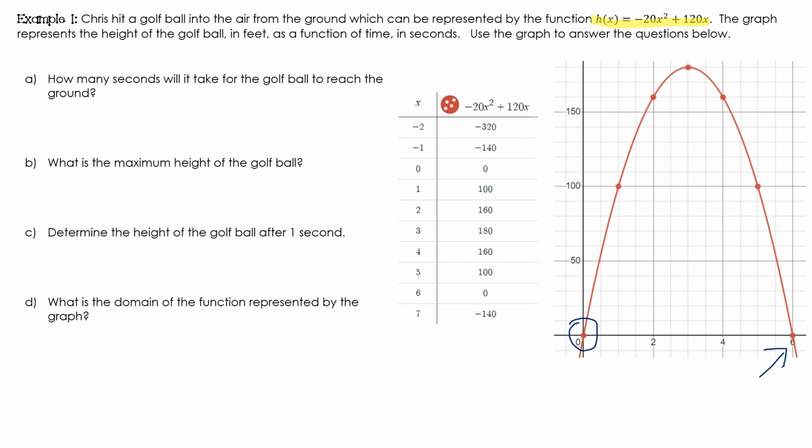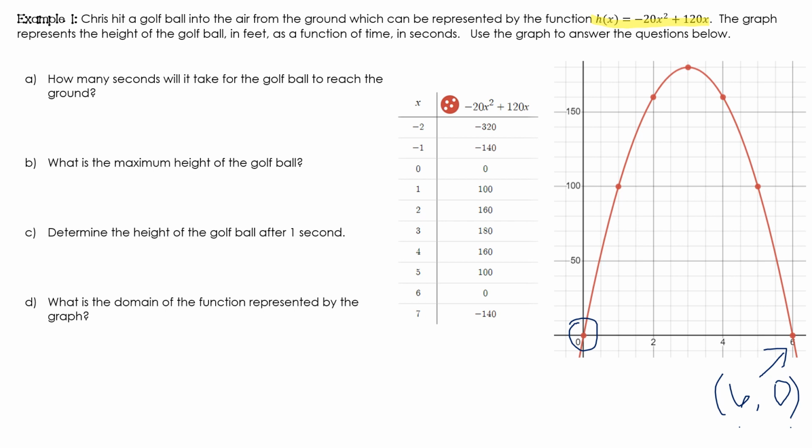You can click on the x-intercept and it will show you a point. So that's at 6 seconds, the height will be 0, which is the ground. You can also utilize the table in the event that it's not a decimal x-intercept. But the reality is when you're doing a projectile motion problem, if Chris hits a golf ball in the air, it's not going to hit the ground at a perfect amount of time.